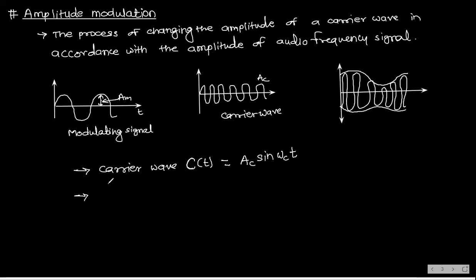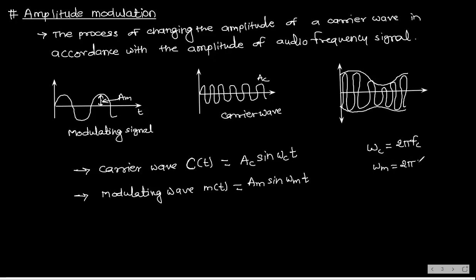Next one is the modulating wave, which I am denoting with m of t, and this is equal to AM sine omega m t. So omega c, we know, should be 2 pi fc, and omega m should be 2 pi fm. These are just angular frequencies, for the carrier wave and the modulating wave. Yes.